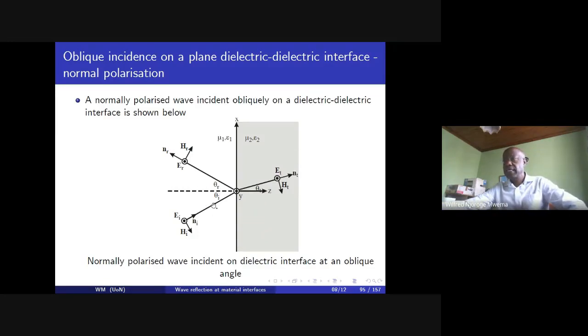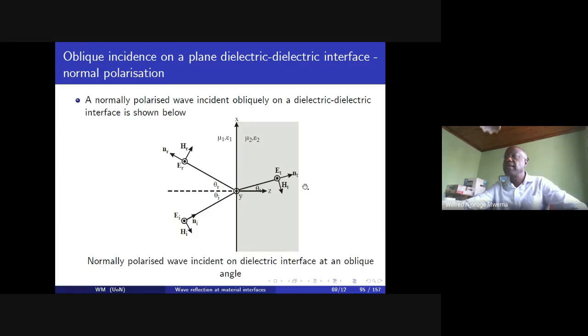They are calling it theta I and theta R there. Remember in all these cases we said that we could resolve the E_i into an X component and a Z component, and H_i will also be resolved into an X component and a Z component. And then we can analyze the case.